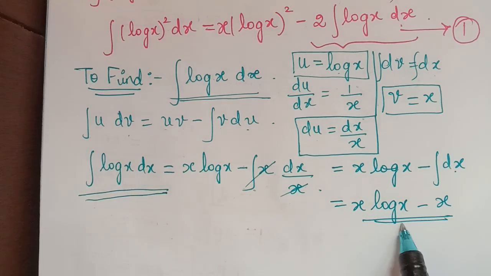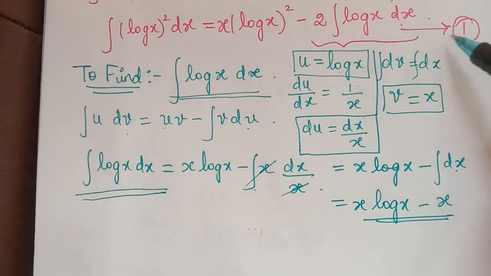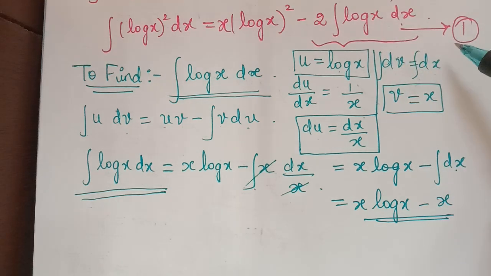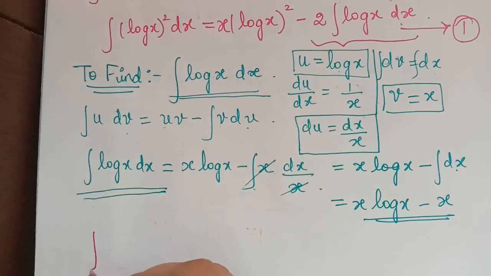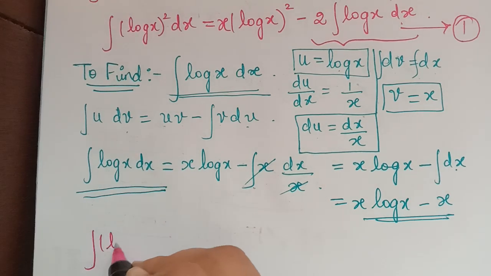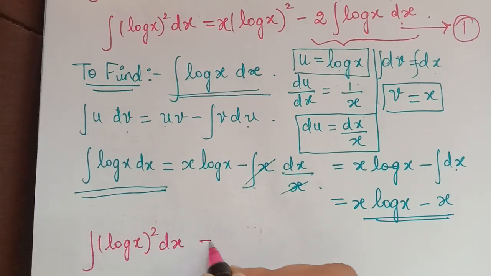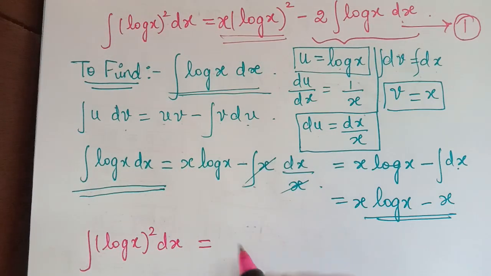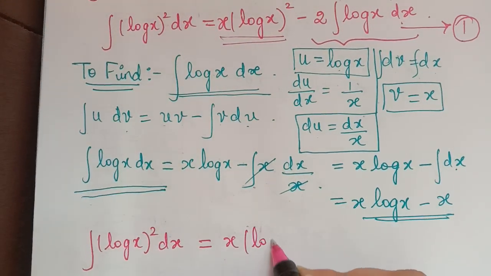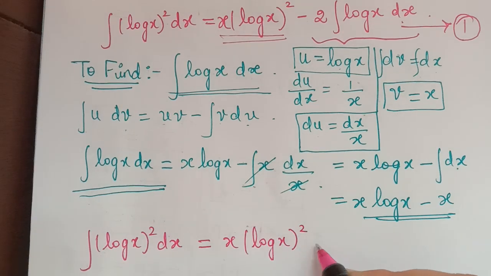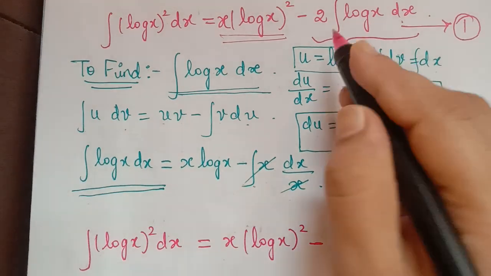Now this we have to take and substitute here in equation 1. And so what we obtain is integral (log x) the whole squared dx is equal to, first let me write this, x (log x) the whole squared minus 2.